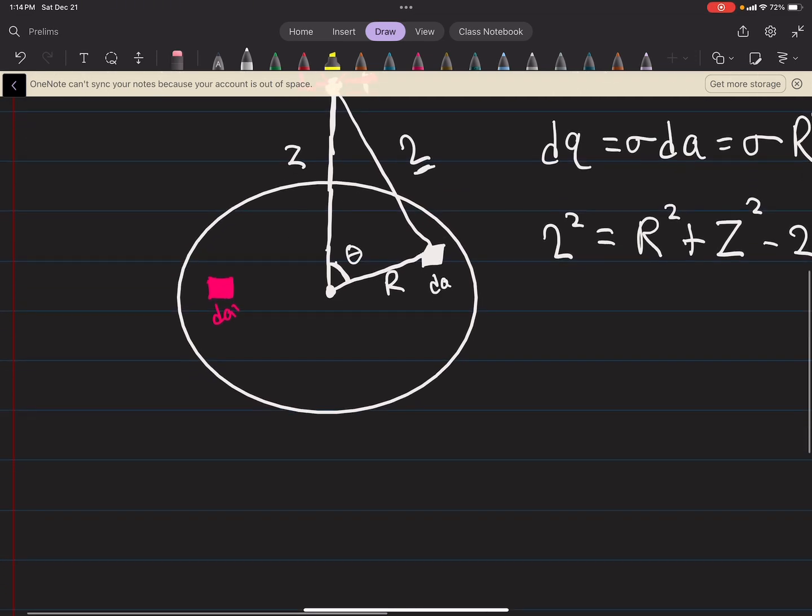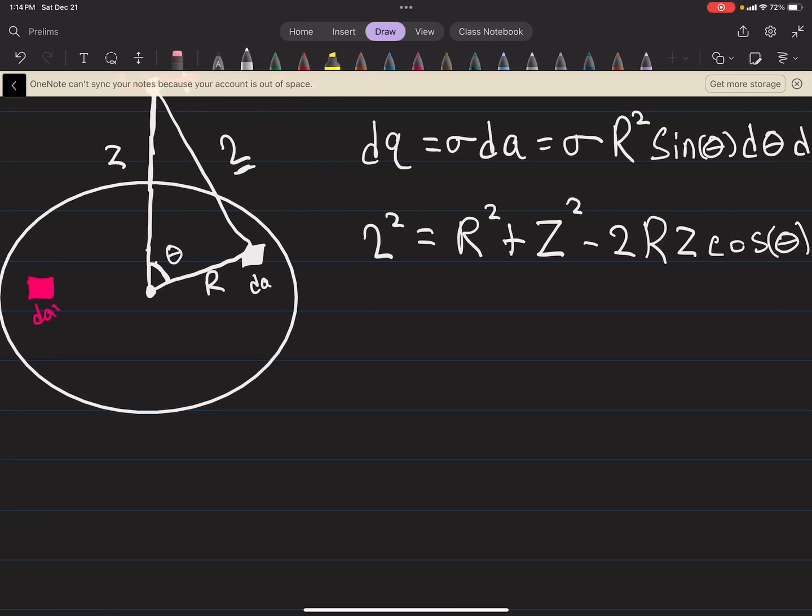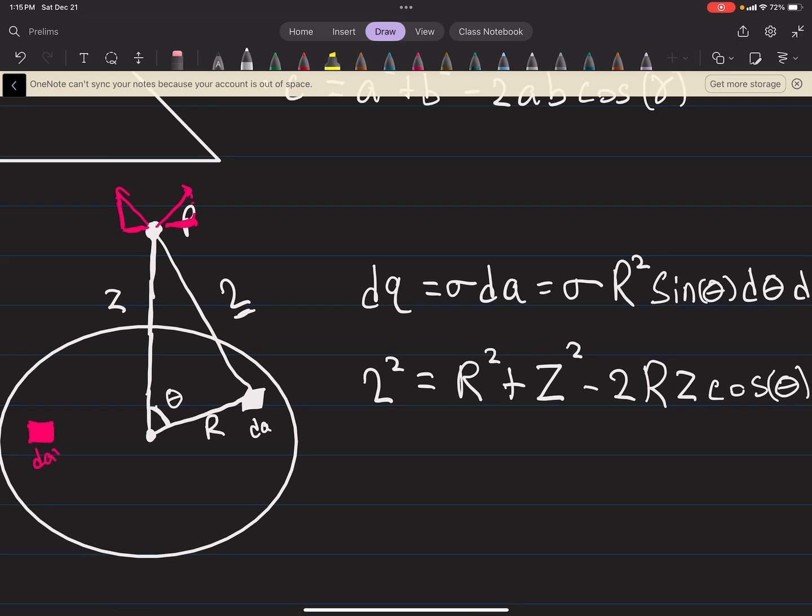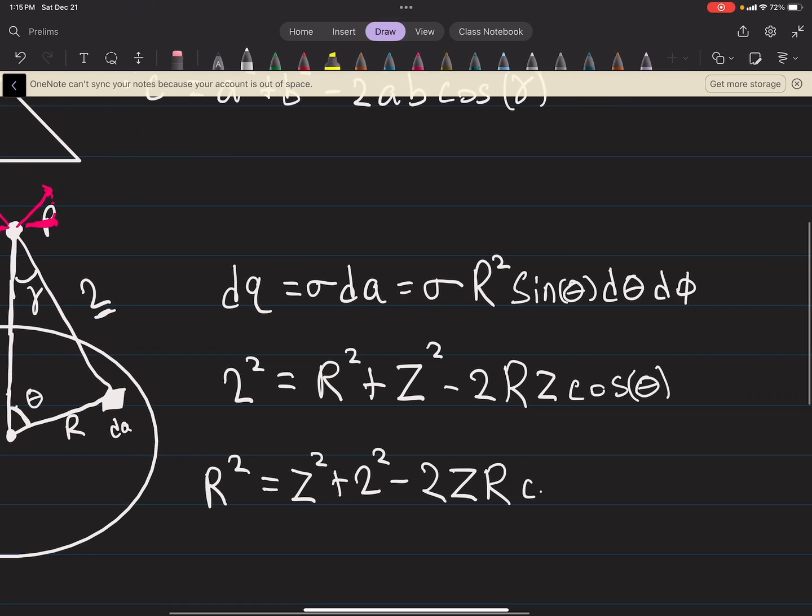So how are we going to do that? Well, we can do something pretty similar, and we can say that, we'll call this angle gamma, r squared is equal to z squared plus script r squared minus 2z script r cosine gamma.